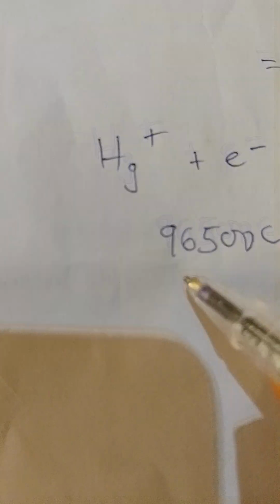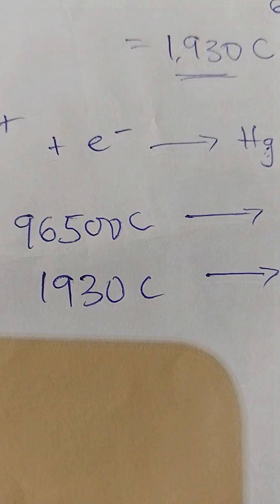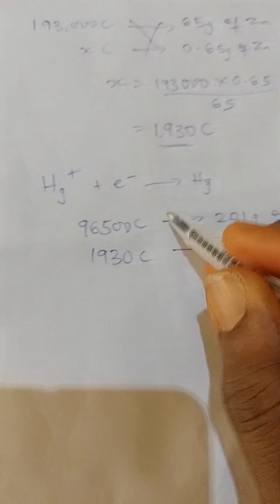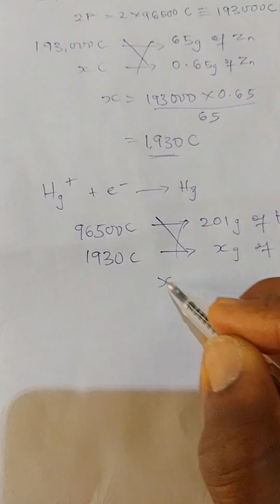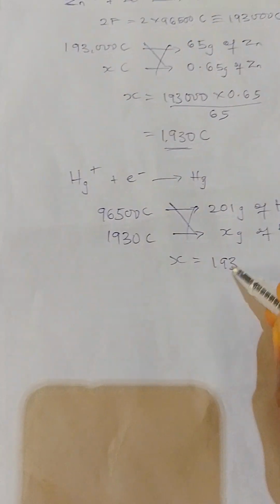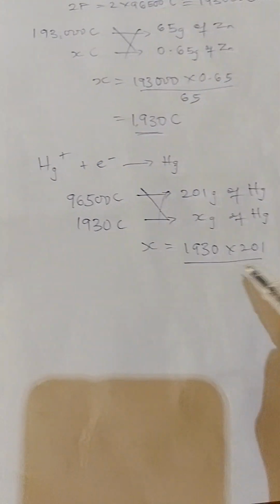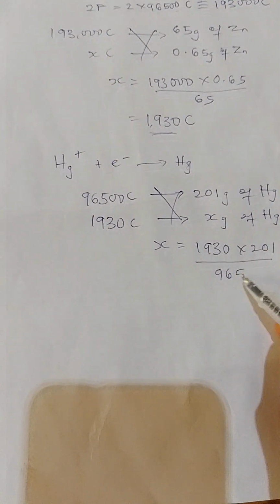Okay, now what mass will this 1,930 coulombs liberate? That's what the question is asking us. What mass of mercury will this liberate? So if I have this and I cross multiply, my x will be equal to 1930 times 201 all over 96500.